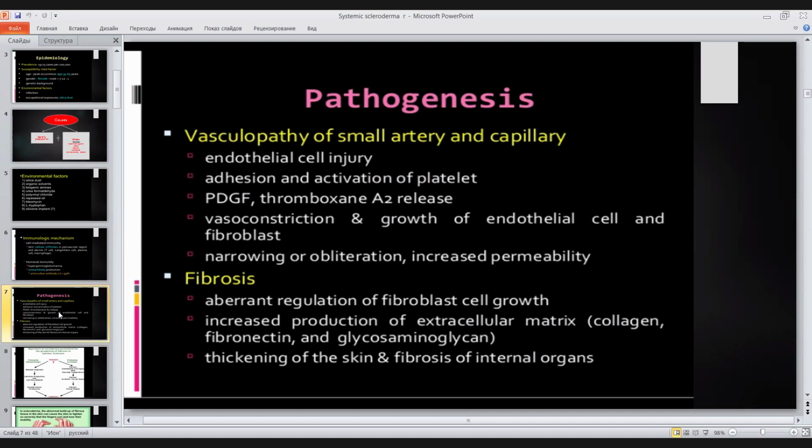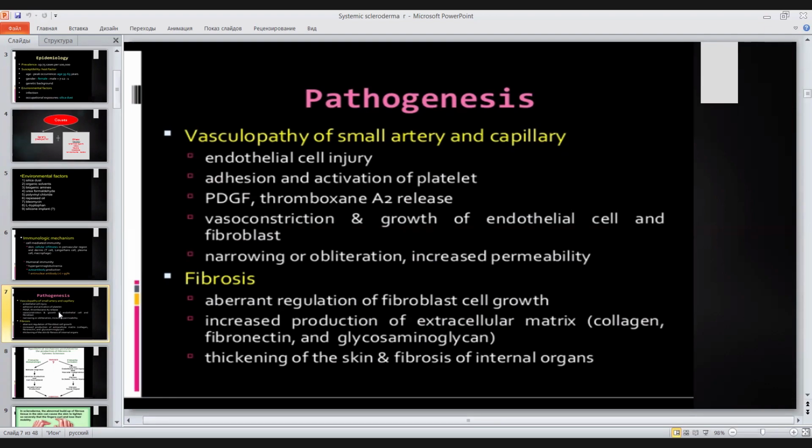Due to this, vasoconstriction and growth start, and later due to the growth, fibrosis starts, because this growth also happens due to fibroblast activation. Fibroblast activation is always responsible for fibrosis of endothelium. But besides this, you should understand there will be a high production of collagen, fibronectin, and glycosaminoglycan. These three extracellular matrix components will be responsible for fibrosis of tissue.